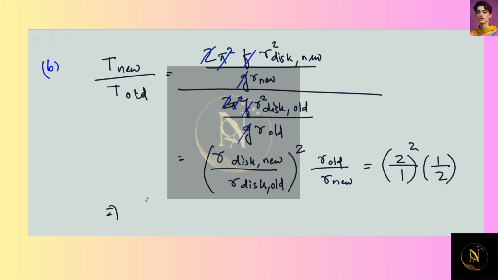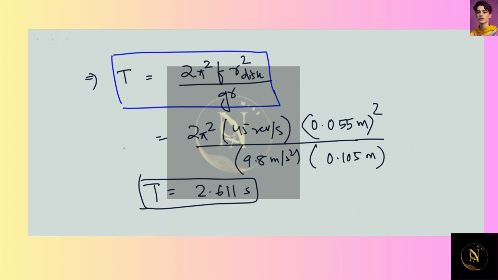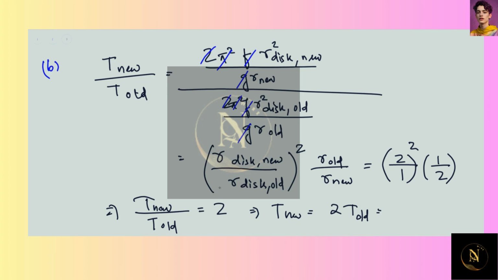And this gives T new over T old to be equal to 2. So this gives T new to be equal to twice T old. Now we can use our answer from part A and substitute this into T old, and we get T new to be equal to 5.222 seconds.